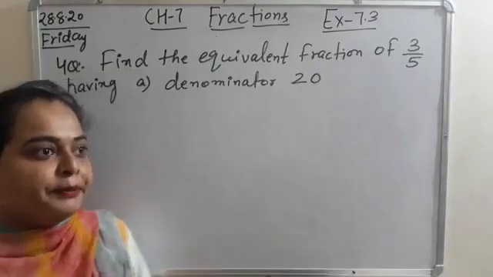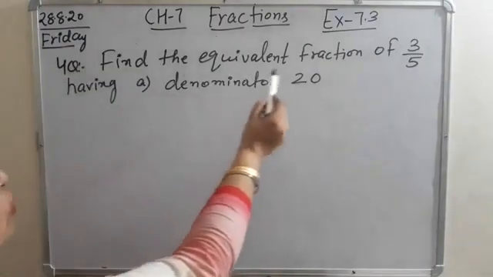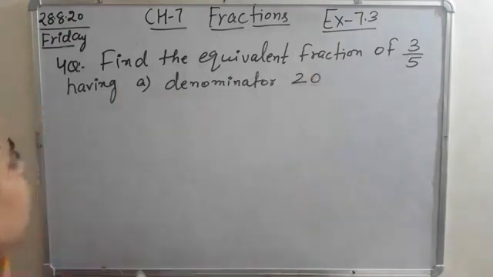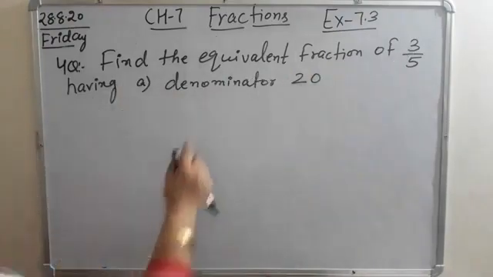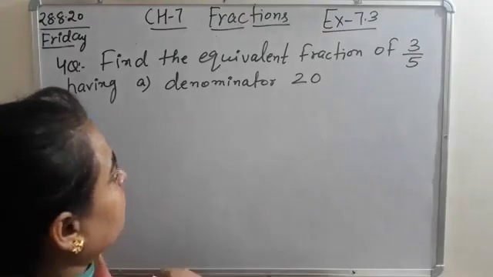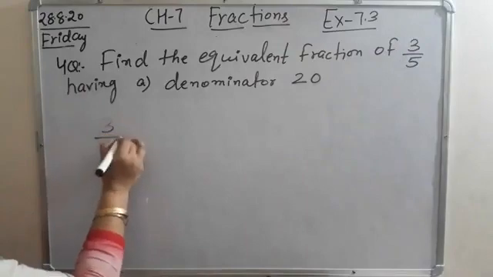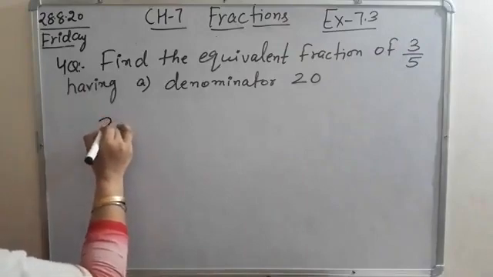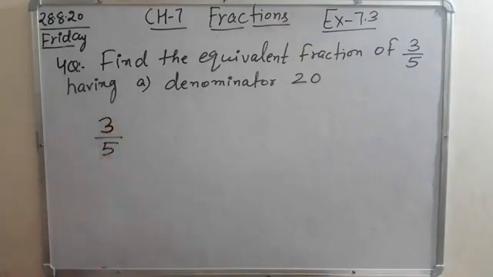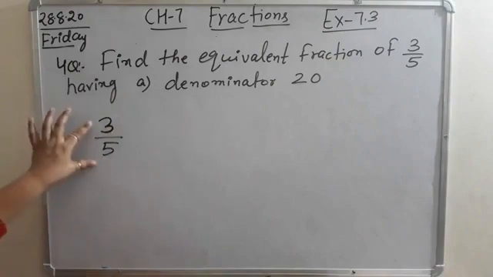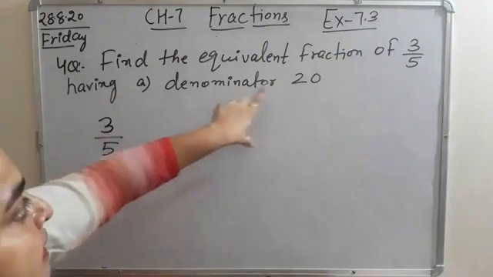Now fourth question. Find the equivalent fraction of 3 by 5 having A part denominator 20. Fraction given to you is 3 by 5. This is the question. But the demand is of denominator 20.